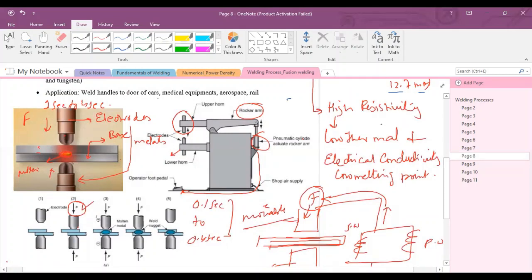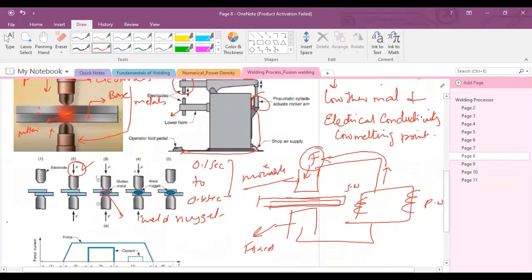This is the welded joint, the blue color, and this welded joint is called the weld nugget in spot welding. If you see, in step 4, the solidification of the joint is done, and in step 5, the movable electrode moves upward and we remove the lap joint, which is formed finally in step 5.